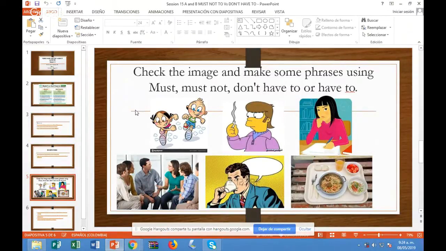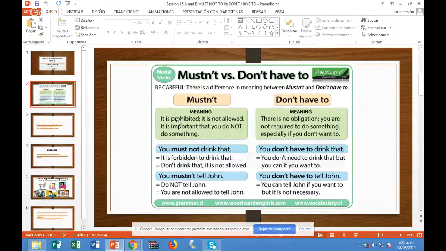For example, you must not smoke here, or you don't have to drink coffee, or the kids must not run in the hall, for example. It depends what you want to express. For example, remember, mustn't is for something that is prohibited.